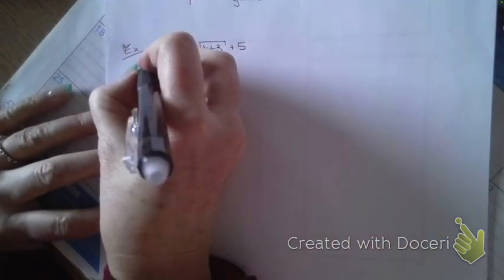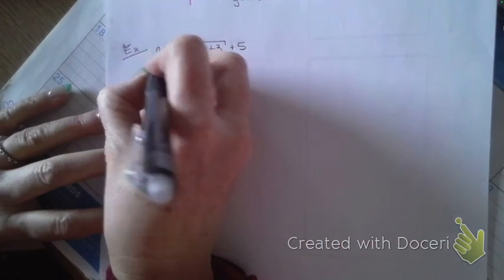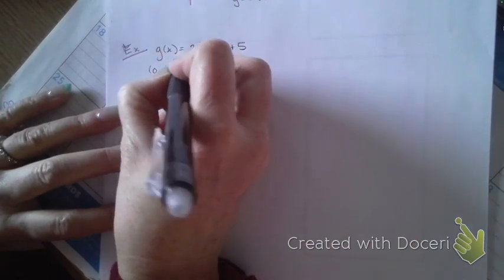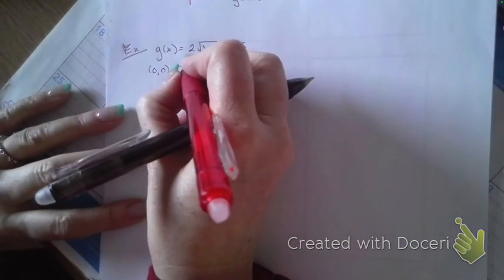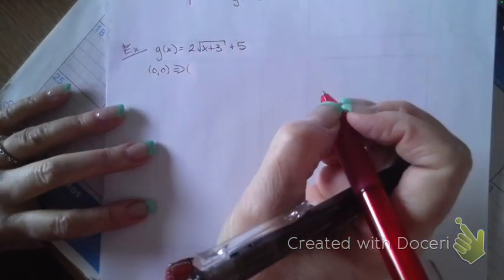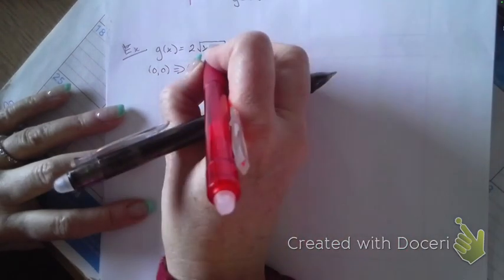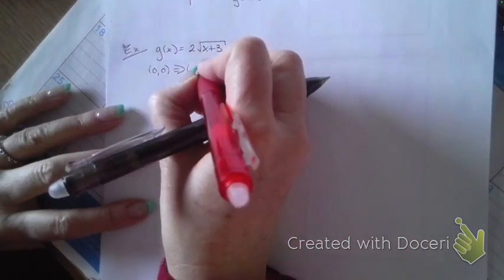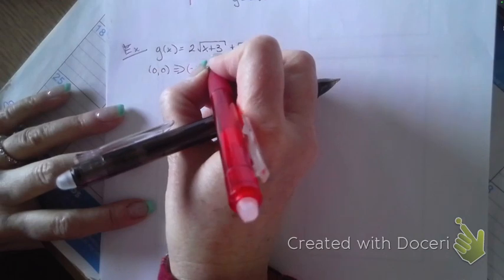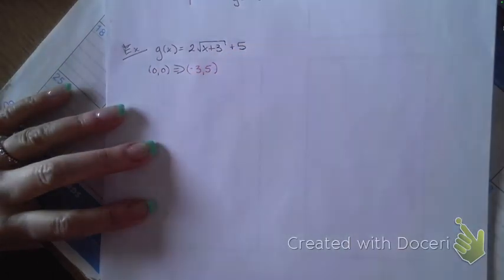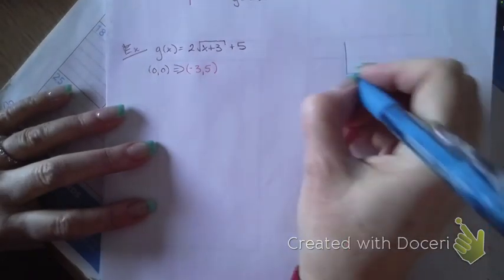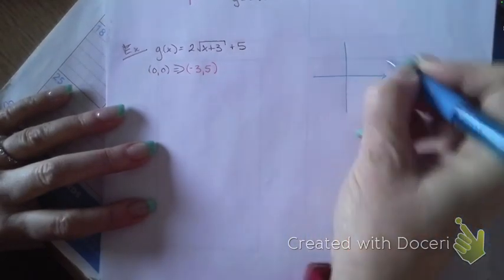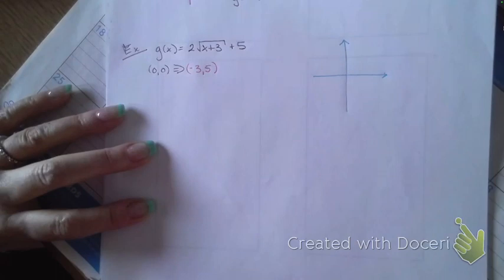Okay, so 0, 0, that vertex, where's it going to go? No, the x is first. Negative 3, 5.